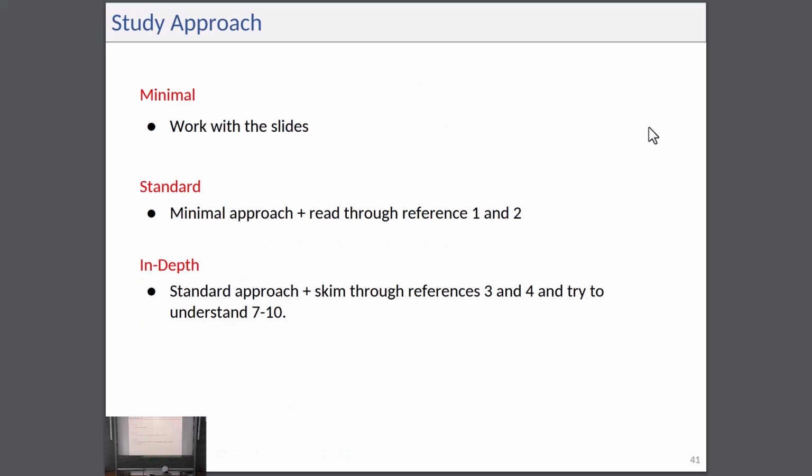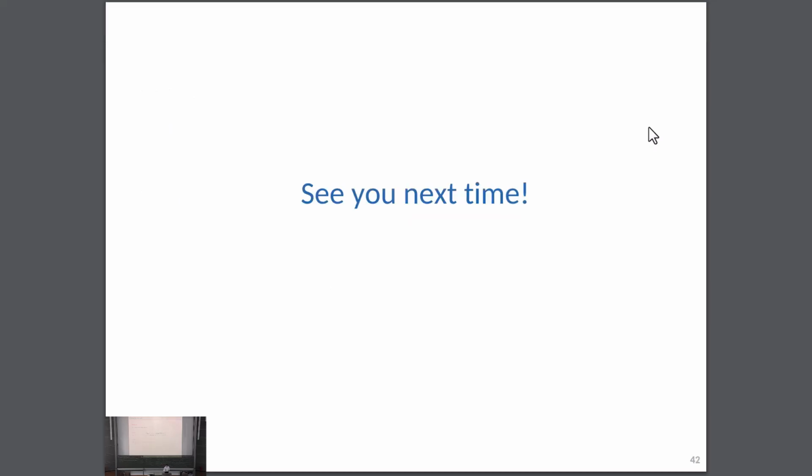If you really want to go in depth, then look also quickly at 3 and 4, which are 2 tutorials from conferences from last year. And otherwise, there are 4 papers, 7 to 10, that go way more into details. And if you really care about that specific part of explainability, then they can definitely be interesting, including, for instance, the hybrid document paper.